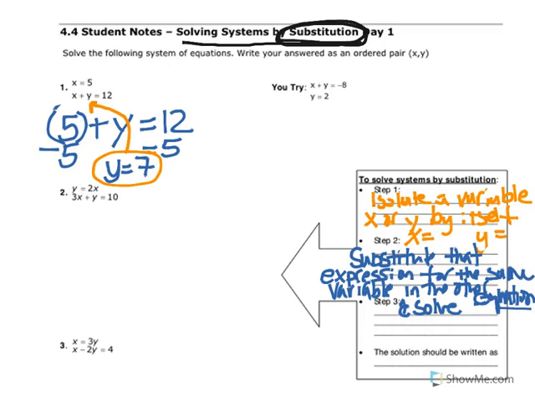So that's going to be our step 3: substitute your answer for the variable in the original equation.